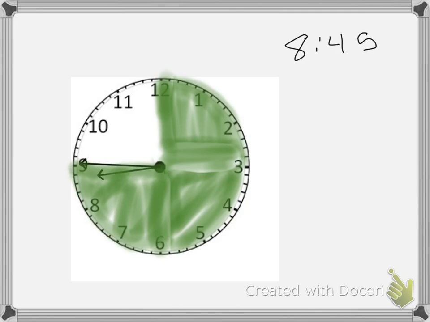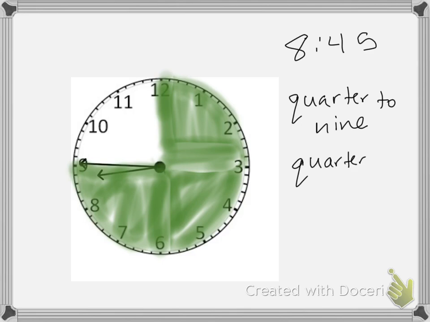So we call this a quarter to 9, or 8:45. And if you look, the hour hand has moved closer to the 9 because we're getting closer to 9 o'clock.